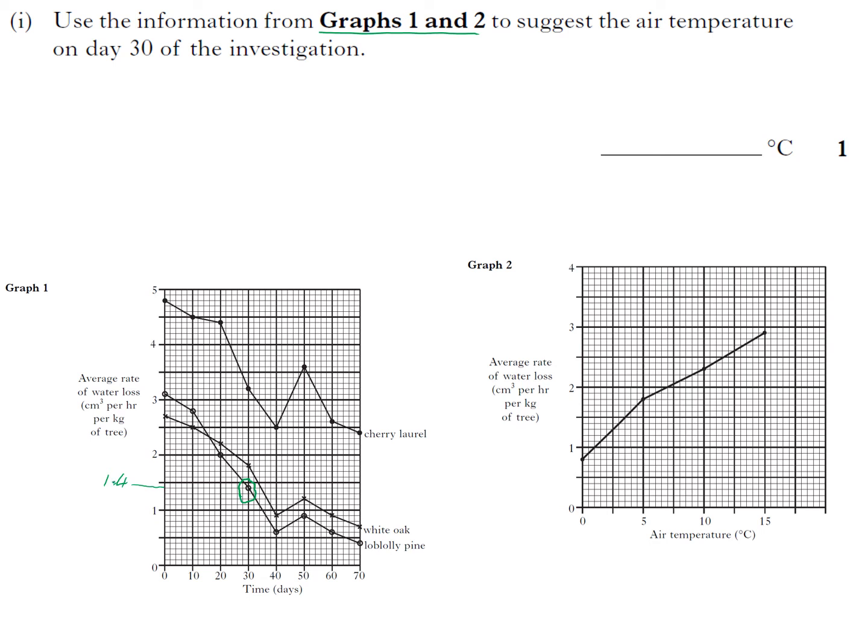So what I've now got to do is find 1.4. So 1.4 is here, and if I read this across, sorry, trying to do this is not the easiest on here. So this point here, I can now read this down to work out what the air temperature was. This is going up in 0.5s, so there's 1, 2, 3. So what was the temperature? 3 degrees C.